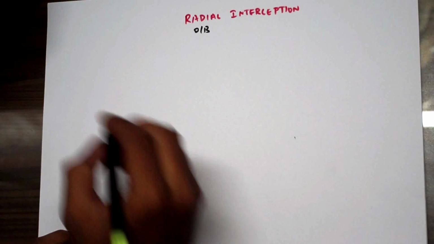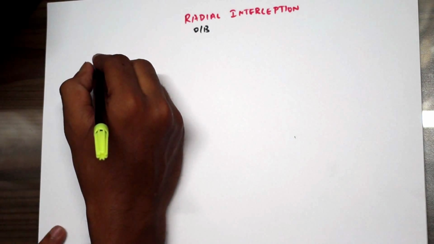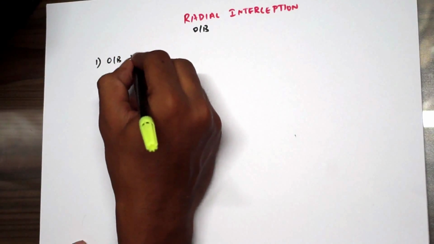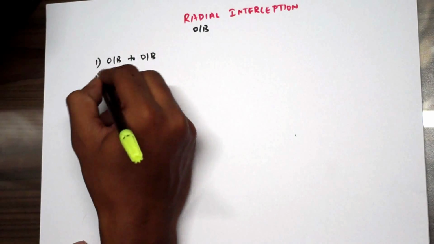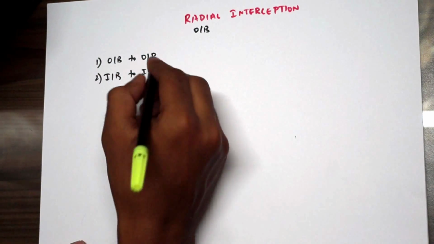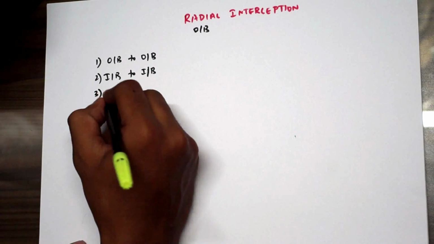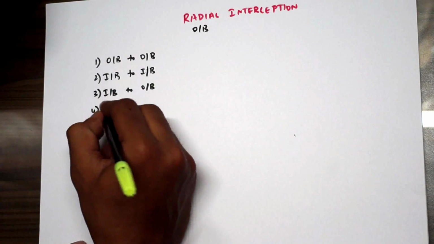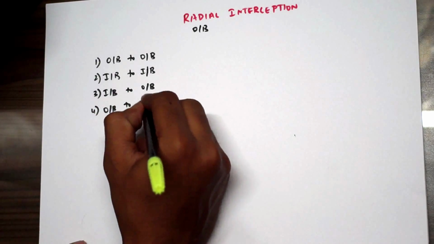Now there are four types of interceptions: outbound to outbound, inbound to inbound, inbound to outbound, and outbound to inbound.